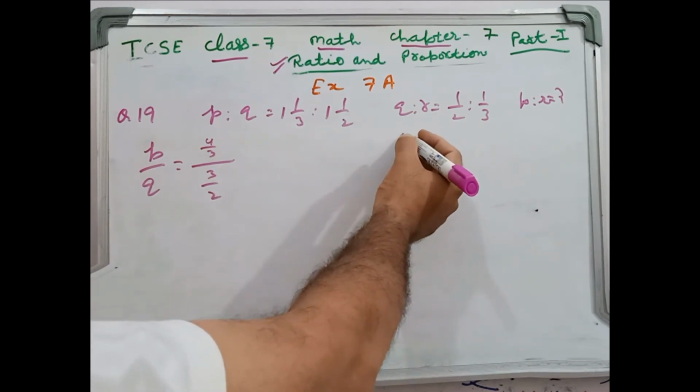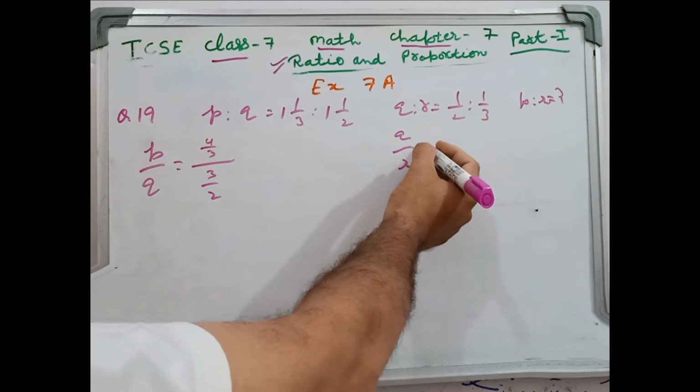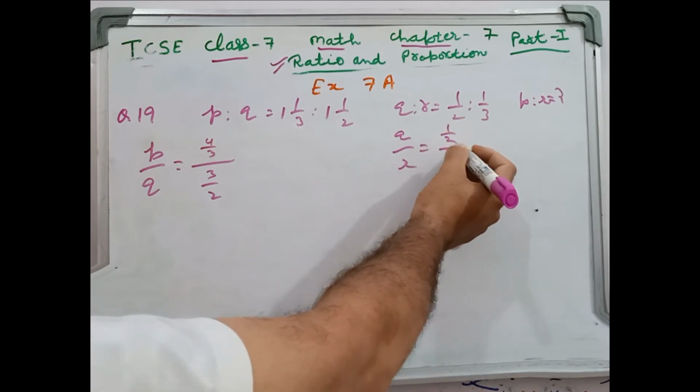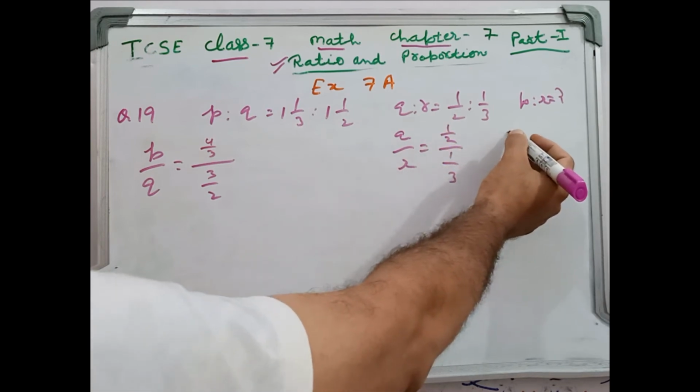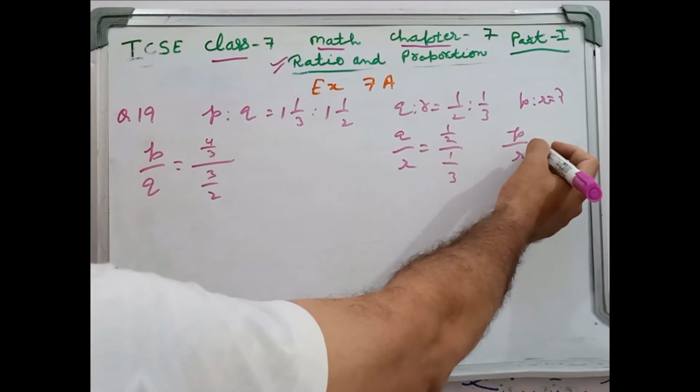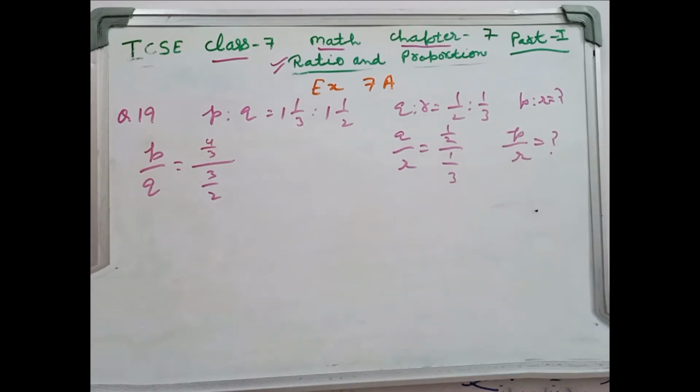Q ratio R, Q upon R, is 1 by 2 upon 1 by 3. P upon R we have to find out.